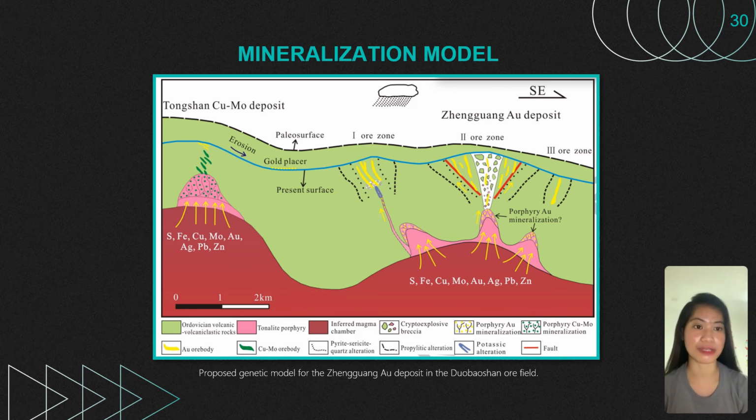The veinlet-disseminated sulfide mineralization and hydrothermal vein-type mineralization occurred in the andesitic tuff and andesite of the Daobaoshan Formation as the hydrothermal fluids ascended the main faults and fractures.